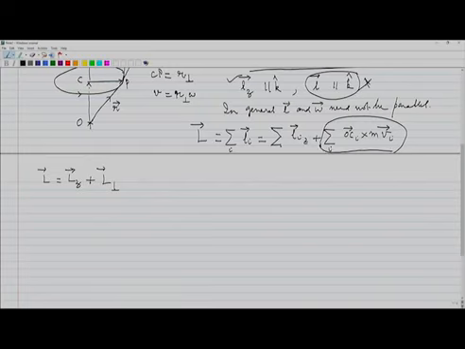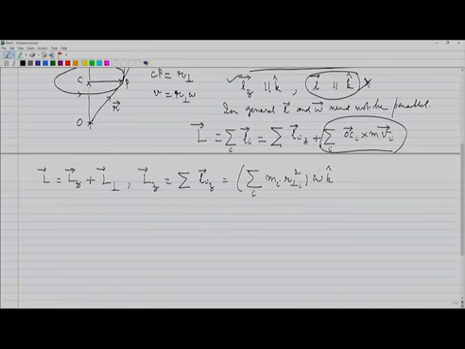So L perpendicular is the other quantity, which is encircled. Let me write this Lz vector. Lz is equal to the summation over all m_i R perpendicular i squared times omega k.